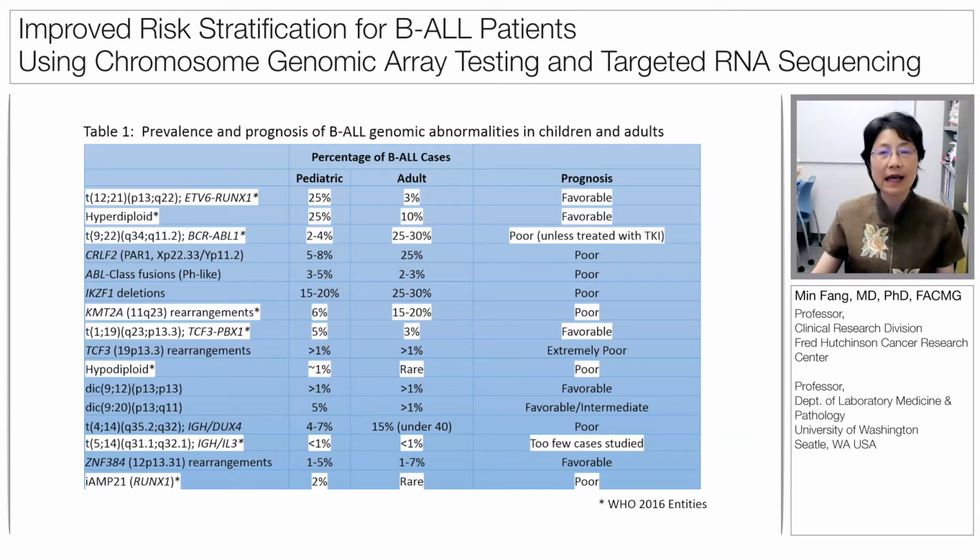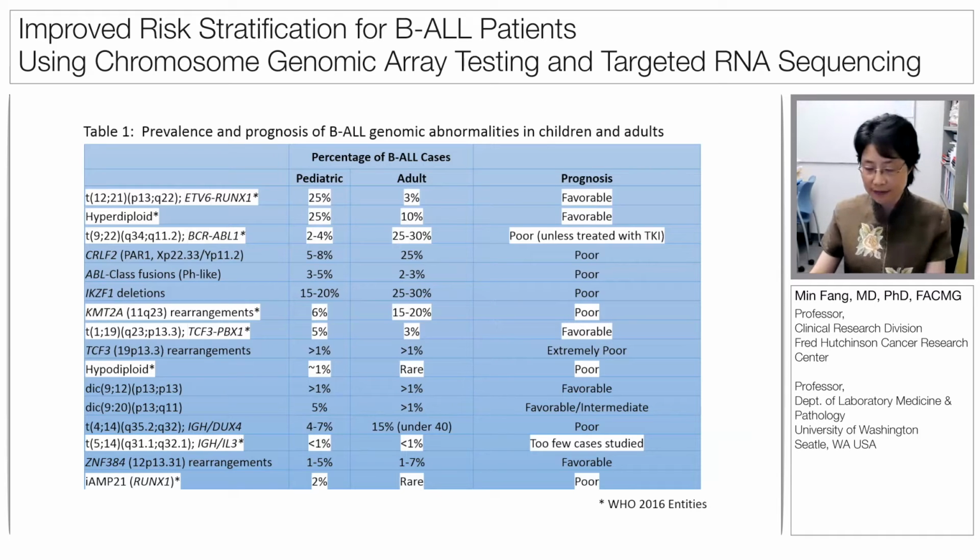As you can see, in the pediatric population, the most frequent genomic categories are the 12;21 translocation and hyperdiploidy. Each one was seen in about a quarter of the pediatric patients. Whereas in adults, the most common category would be the BCR-ABL positive, Ph positive patients.